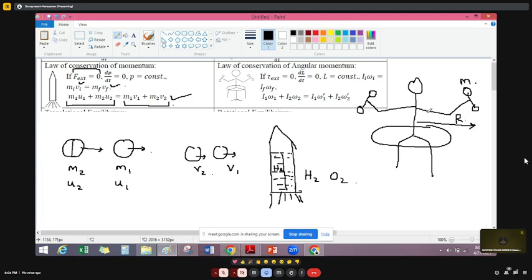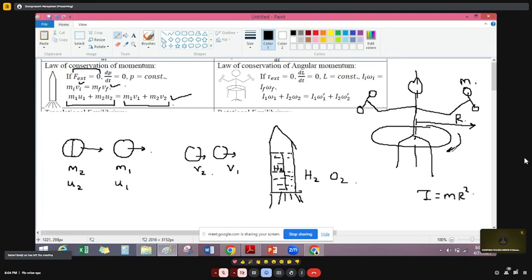So that means the moment of inertia, right? I can assume that this person is very close to the axis. So that means r is 0 for the person. So it means the moment of inertia of the person can be assumed to be 0. So if the dumbbell is very heavy, like 5 kg, 10 kg, something like that, then the moment of inertia I will be taken as mr squared. So that means the moment of inertia will be high.